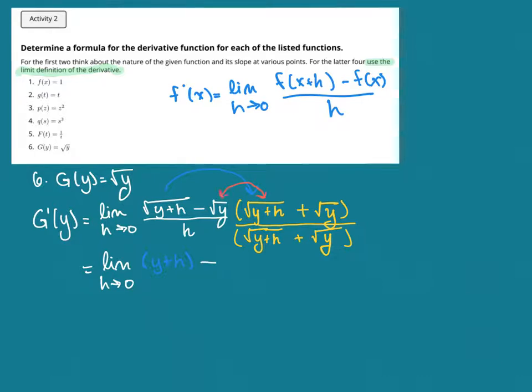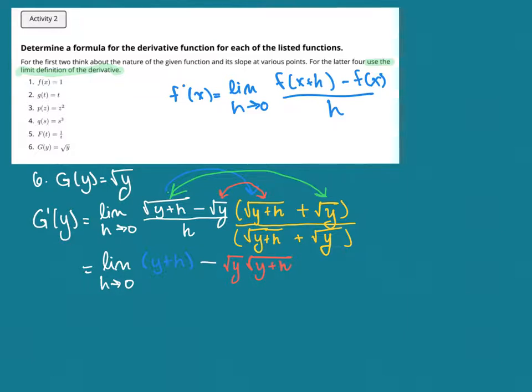I'll just go ahead and write all of this out. Usually I've been sort of shortcutting this, but that middle term is the square root of y times the square root of y plus h. After that, oh, I guess I'm not foiling, am I? I'm fioling. First, inside, outside, last.